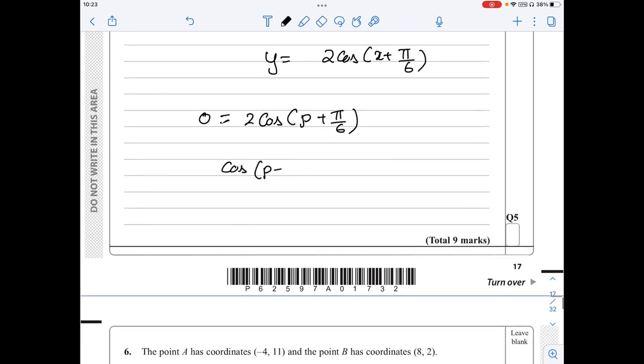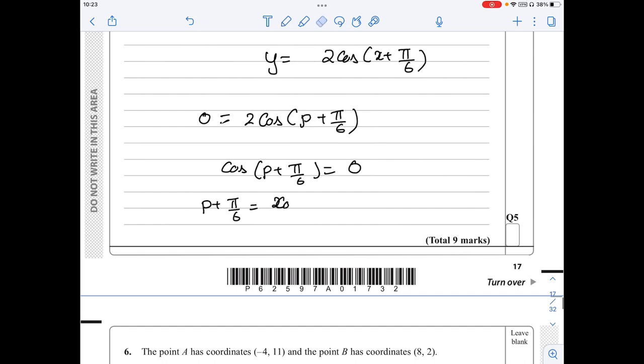So cos of (p plus pi upon 6) equals 0. So p plus pi upon 6 equals cos inverse 0. Cos inverse 0 is nothing but what? 90. Cos 90 is 0. So you can take it as 90.